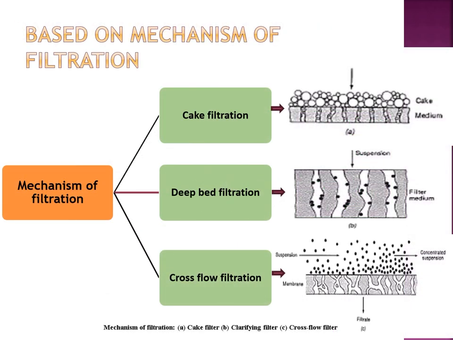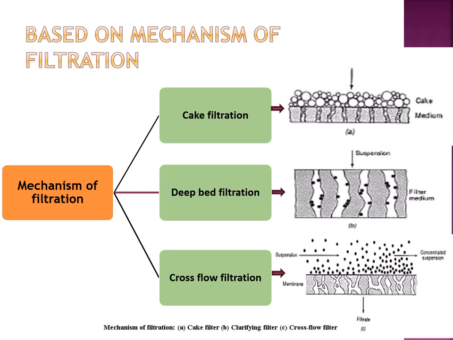Based on the mechanism, filtration can be classified as cake filtration, deep bed filtration, and cross flow filtration. In cake filtration, the solids are retained as a cake which can be separated, and the liquid filtrate is collected. In deep bed filtration, the solids are retained inside the filter bed. As seen in the picture, they clog the filter bed and the liquid percolates through the filter medium.